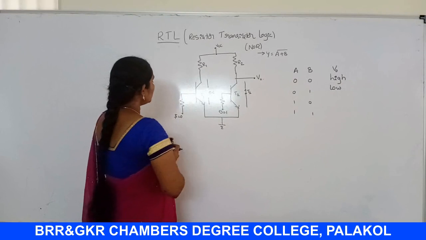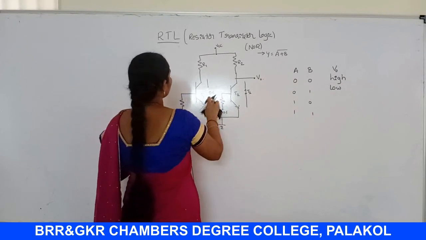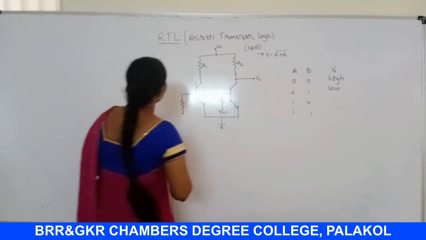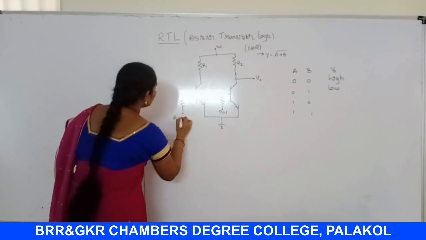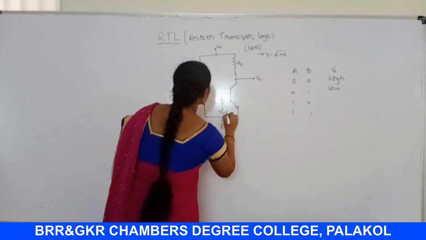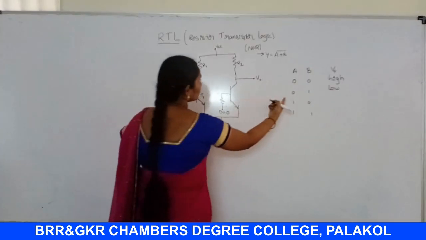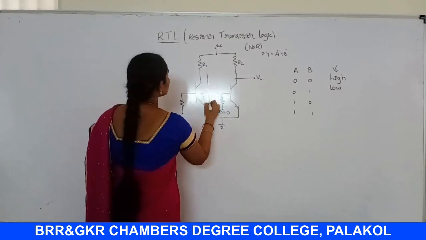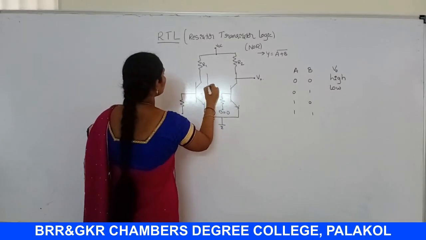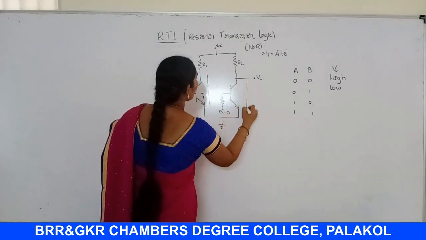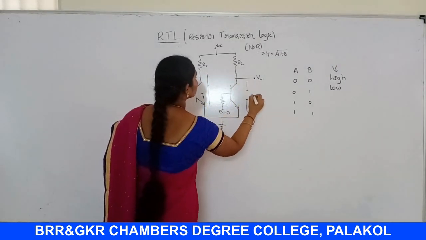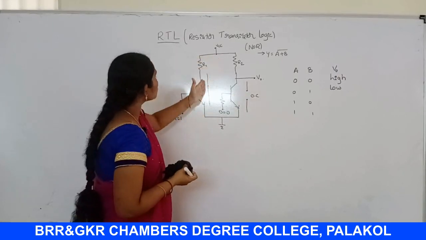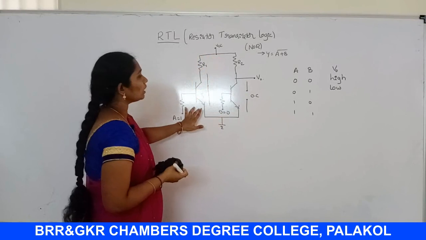The next condition is A equal to 1 and B equal to 0. The next condition is also the same. In this condition T1 is short circuited and T2 is open circuited. The supply voltage flows to ground through transistor T1.